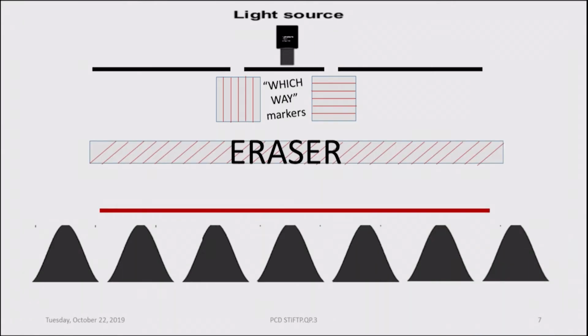You have a third polarizer, and the light coming out of the third polarizer, which is the eraser, will be polarized in the direction in which this third polarizer allows the light to go, and whatever information you had is now gone, and the interference pattern reappears. So, once again you have got these dark and bright fringes.